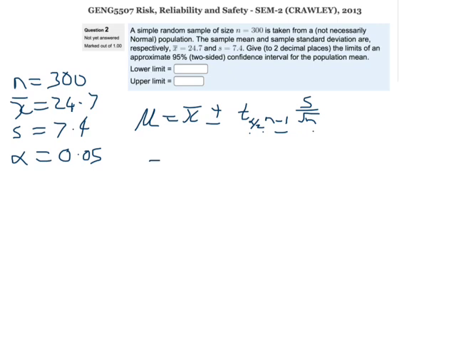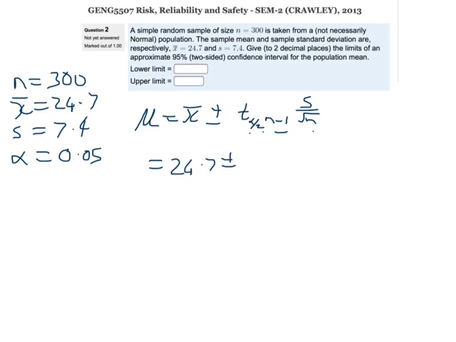So in this case we've got x bar is 24.7 plus or minus, and then t of alpha over 2. In this one our t table goes up to 90, so if we put in an alpha on 2, so it's 0.05, we get 1.987, which probably wouldn't be too far wrong. You can see that alpha over 2 is 1.96 for a z-score, so there's a little bit of difference between them.